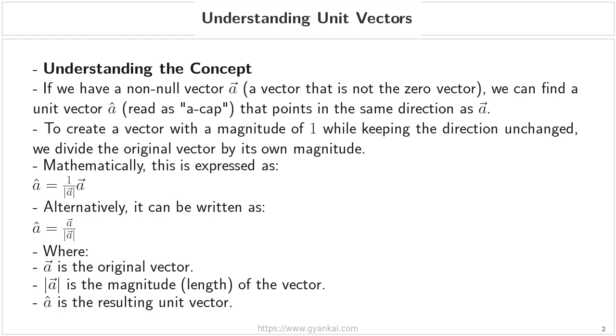To make sure we're all on the same page with the notation, a vector represents our starting vector. The vertical bars around a vector represent its magnitude or its total length, and a cap represents our final resulting unit vector. In the next slide, I'll show you a clear, step-by-step process you can use to perform this calculation every single time.